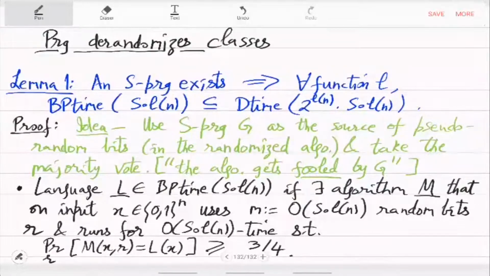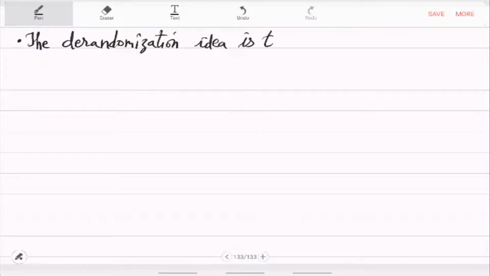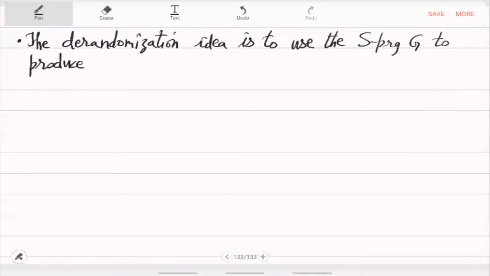We will now change this algorithm M by using G. So, the de-randomization idea is to use the SPRG, the one that exists from the hypothesis of the theorem, to produce R's. So, basically the algorithm is just this.